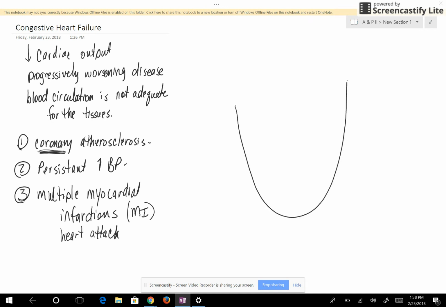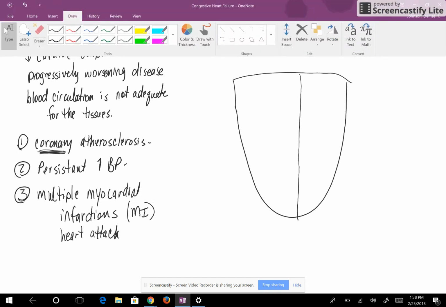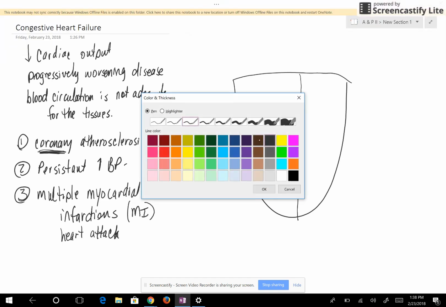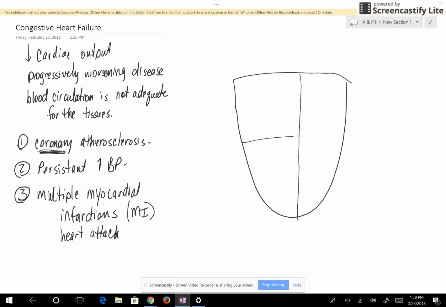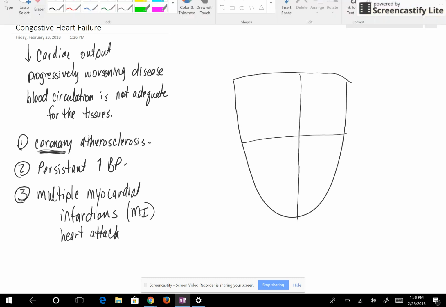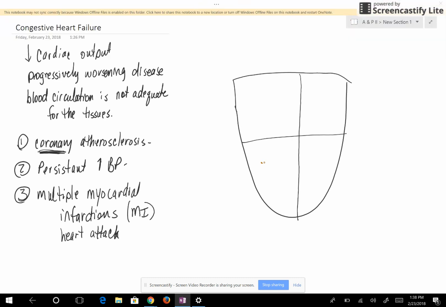So here is your heart. Remember, it has 4 chambers. And we're going to say that this person has had several heart attacks, and we're going to put our damaged areas here with these little pins.